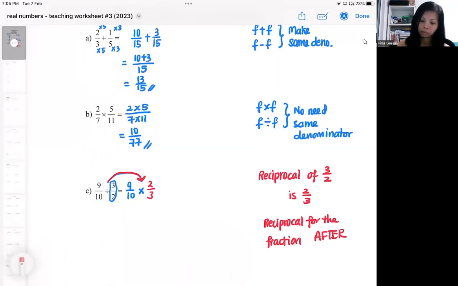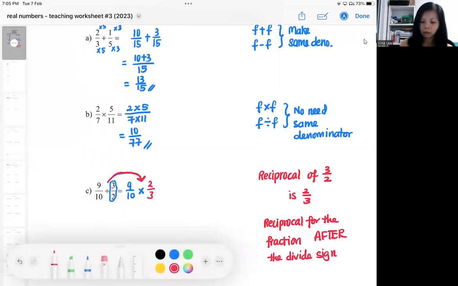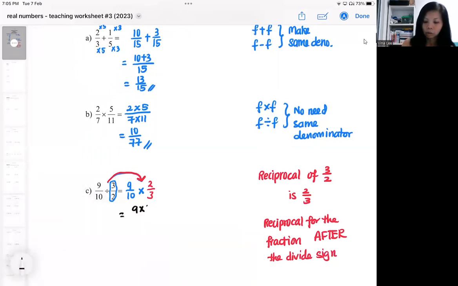Once I do that, I go back to the multiplication where you do top times top, bottom times bottom, and then remember to reduce it.